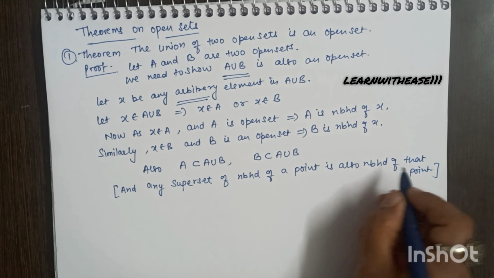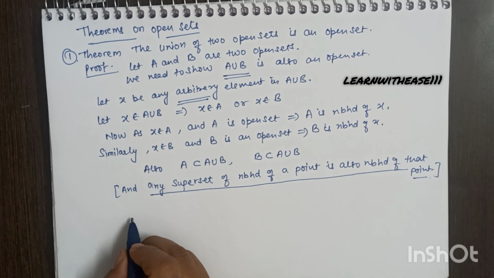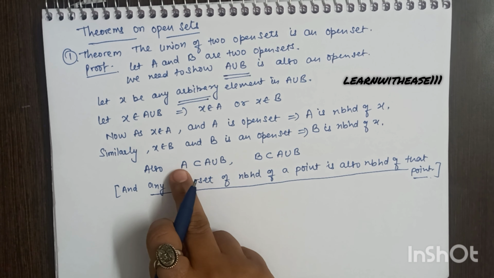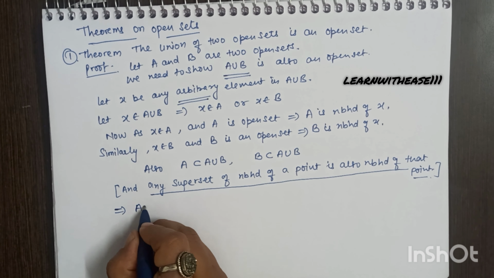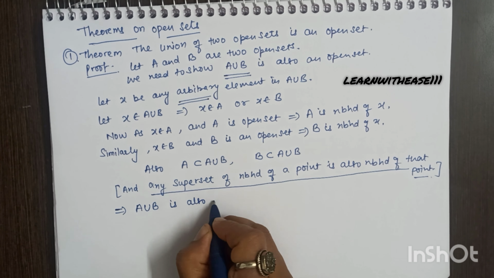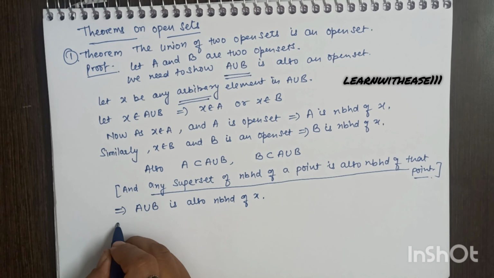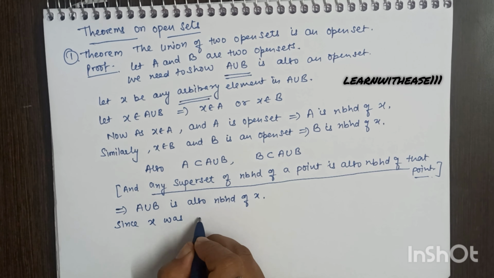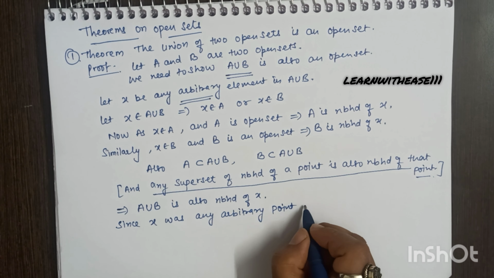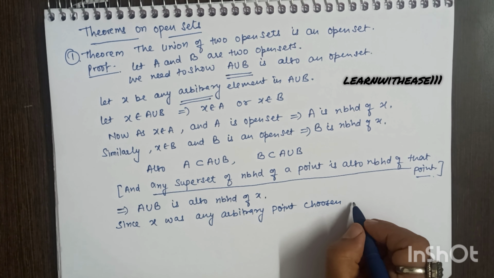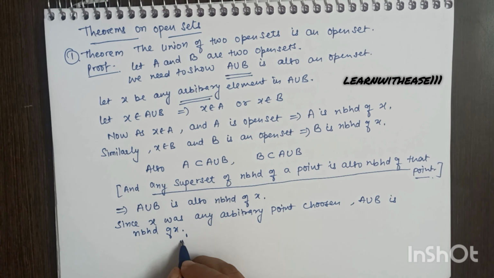A and B are open sets, so A and B are neighborhoods of X. So A union B, being the superset of both, has to be a neighborhood of X. This simply means in both cases A union B is a neighborhood of X. But since X was arbitrarily chosen from set A union B and the set became a neighborhood of X, this implies any element I choose in the set, it will become a neighborhood of it.